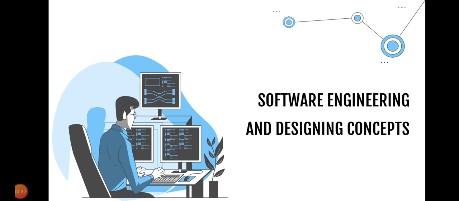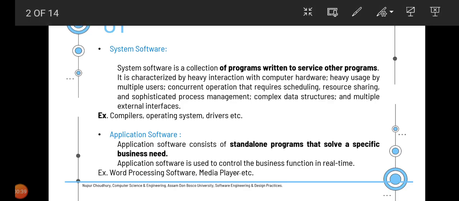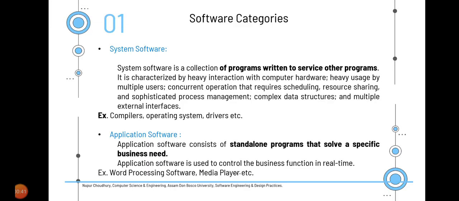So let's get started. To begin with, software can be classified into three different categories. The first one being system software, which is basically a collection of programs that are written to service other programs. They have multiple users and are characterized by heavy interaction with computer hardware.